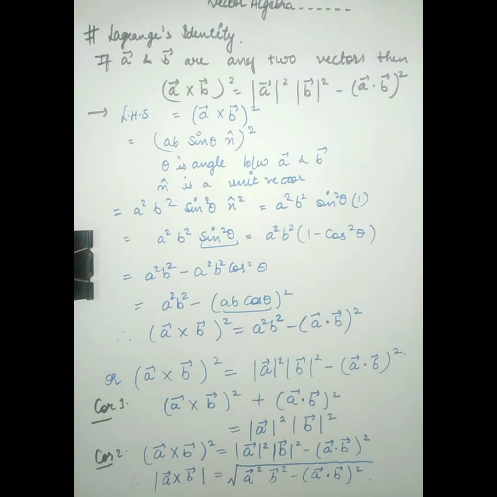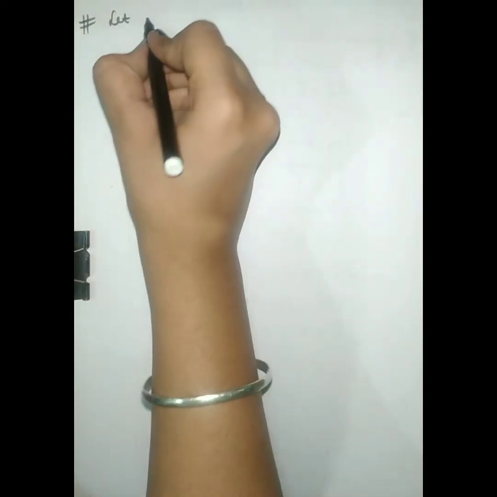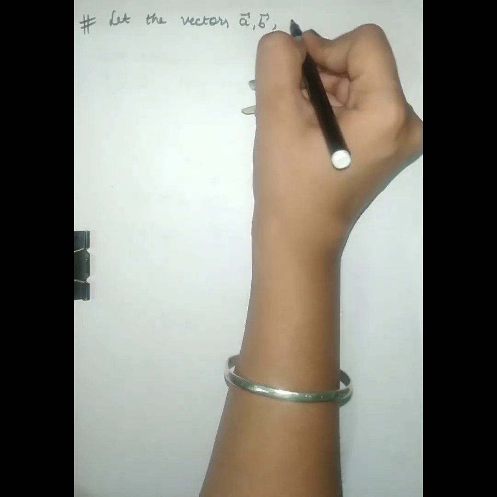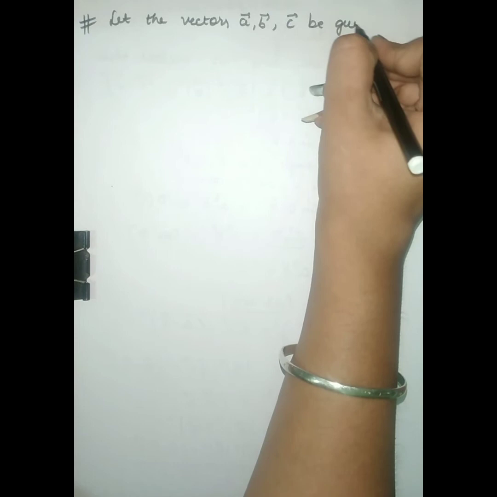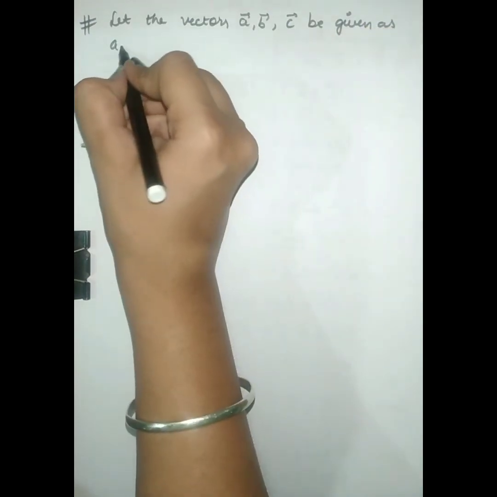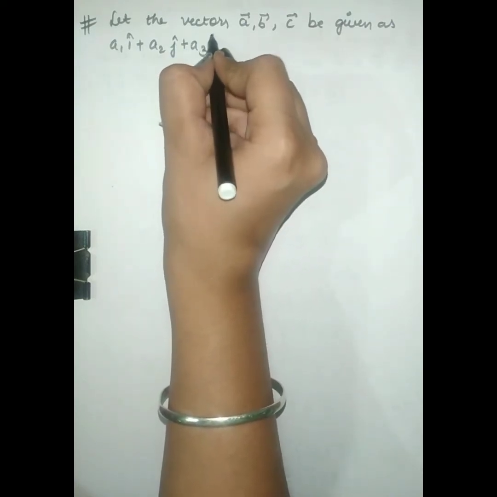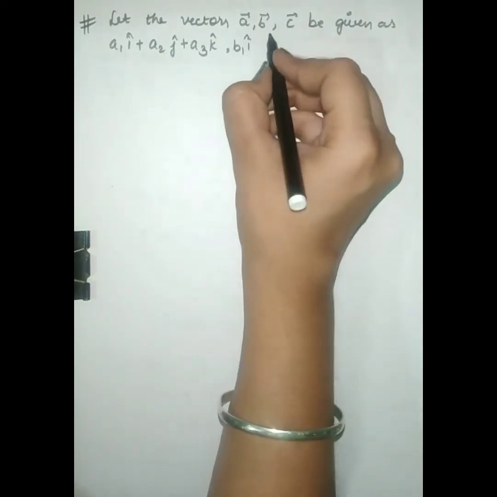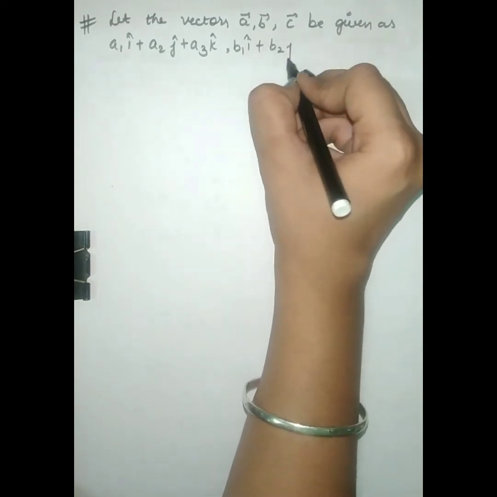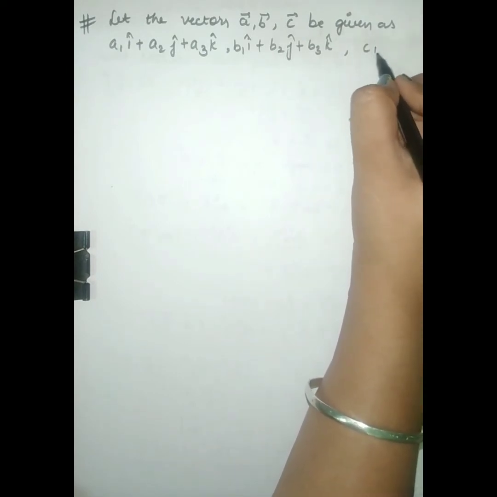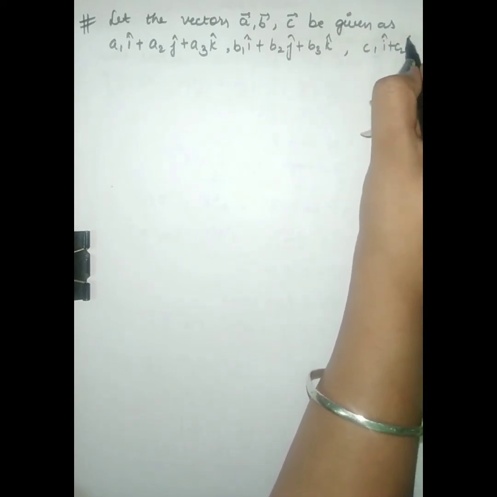Now we have to start with the next article. Article is, let the vectors A vector, B vector and C vector be given as A1 I cap plus A2 J cap plus A3 K cap, B1 I cap plus B2 J cap plus B3 K cap, and C vector is C1 I cap plus C2 J cap plus C3 K cap.